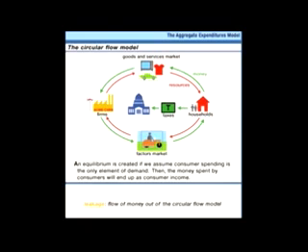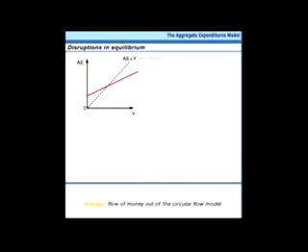So let's take the idea from the circular flow and now translate it into a picture over here in this aggregate expenditure diagram. Here we have the aggregate expenditure curve that we've been drawing before. The black dotted line represents points where income is equal to aggregate expenditure or total spending.